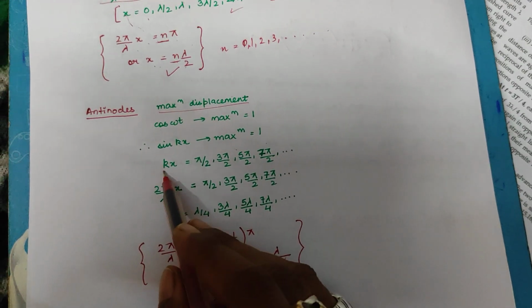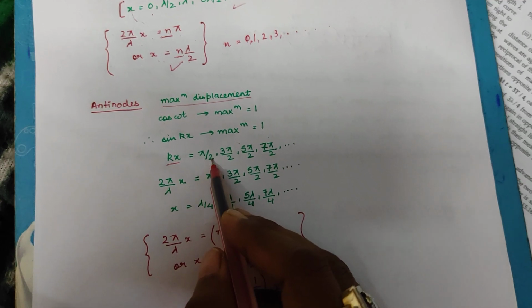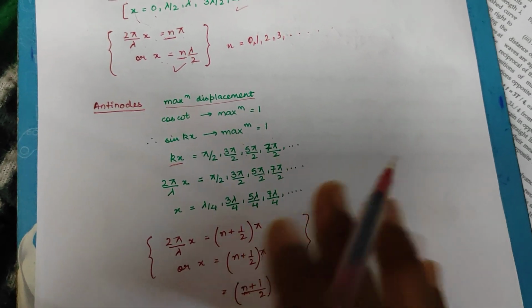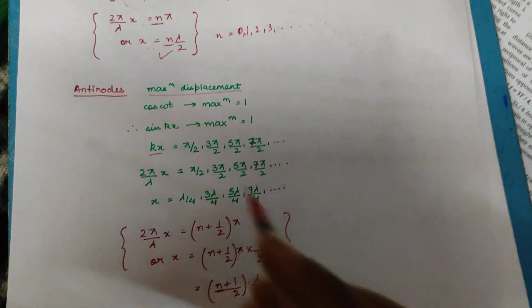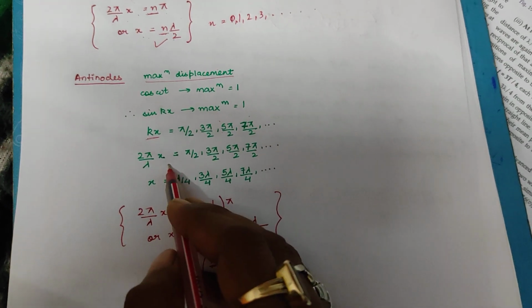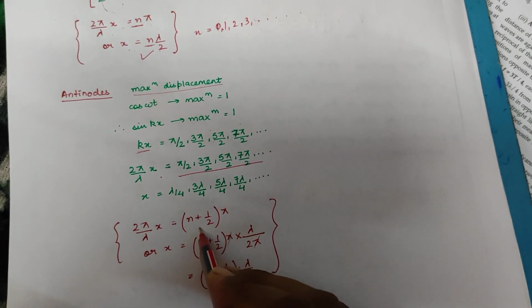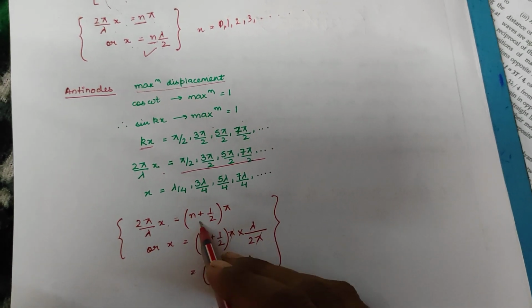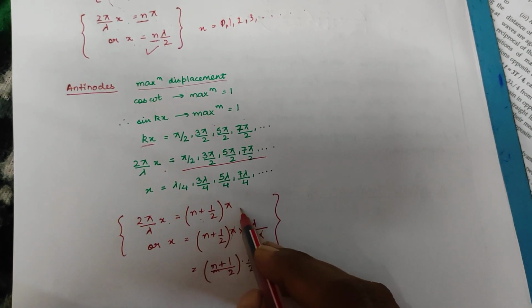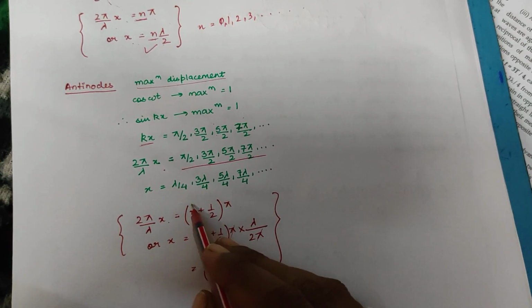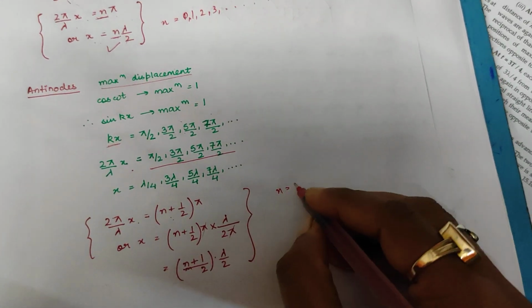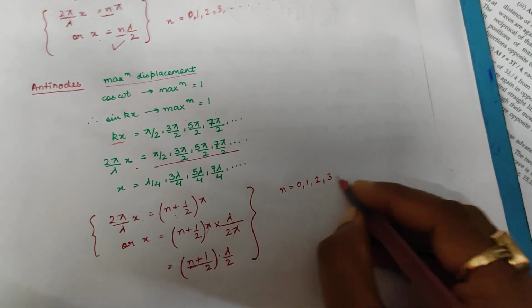Sin 90 degree is pi by 2. So we can write that kx is equal to pi by 2, 3 pi by 2, 5 pi by 2 and 7 pi by 2. Now put the value of k, 2 pi by lambda x. If we write this equation in terms of n, we will get 2 pi by lambda x is equal to n plus 1 by 2 of pi. Now put the values of n equal to 0, 1, 2, 3 and so on.